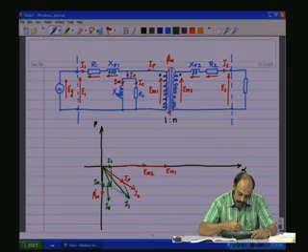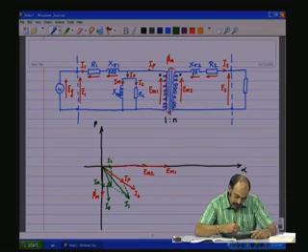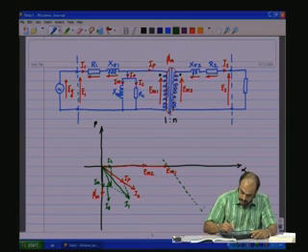Now, let us draw parallel to I1. So, I will say this is the I1 direction.